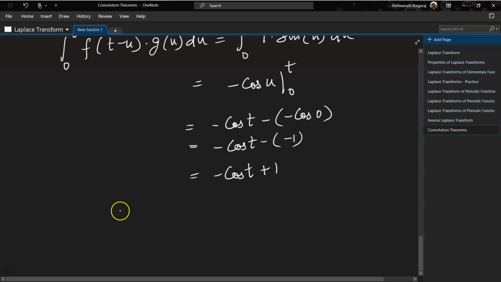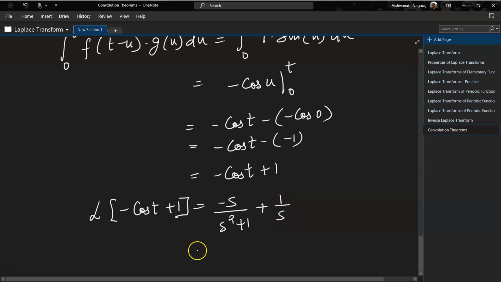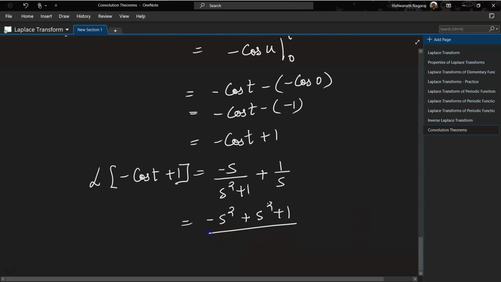Now we have to take the Laplace transform of this. So Laplace transform of minus cos t plus 1 is equal to, now for minus cos t, the Laplace transform is minus s by s square plus 1 plus Laplace transform of 1 is 1 by s. So minus s square plus s square plus 1 divided by s times s square plus 1.